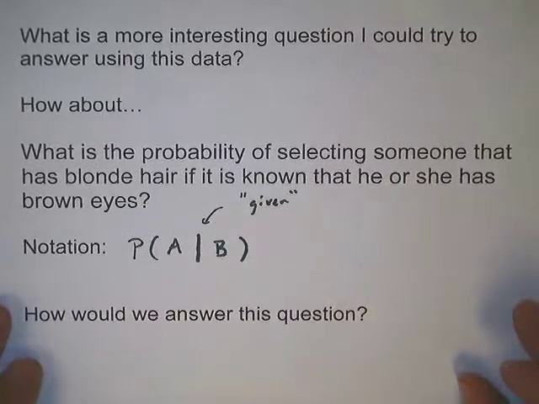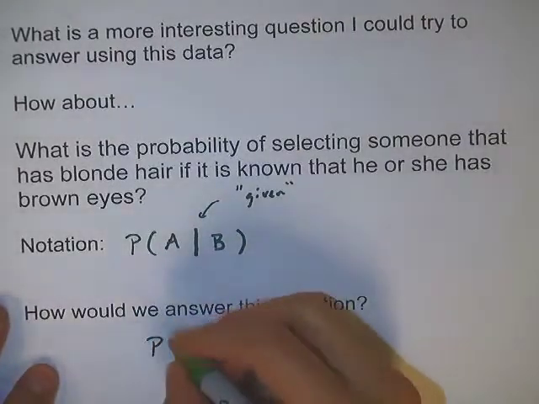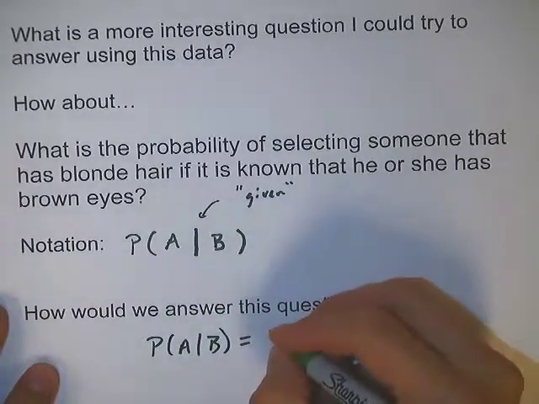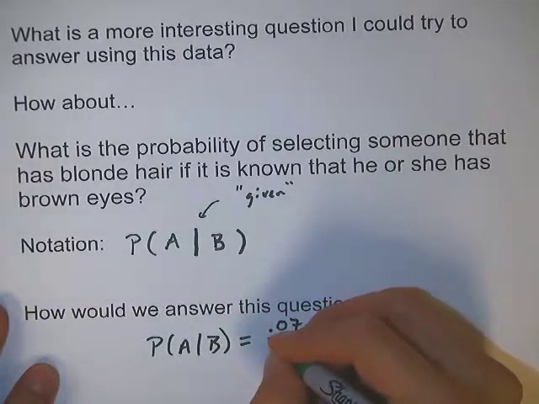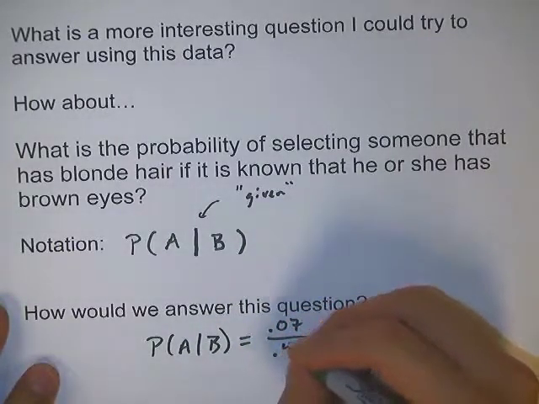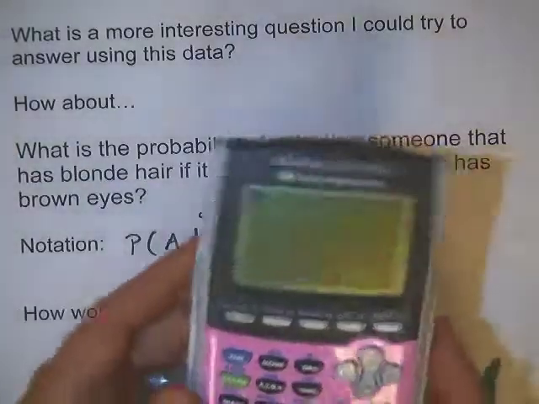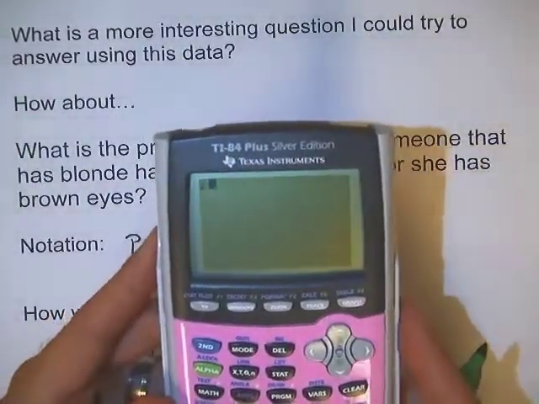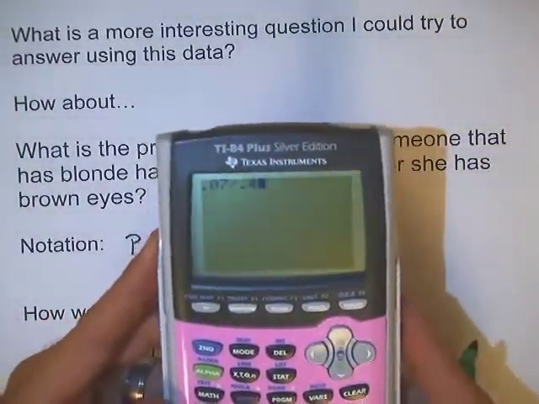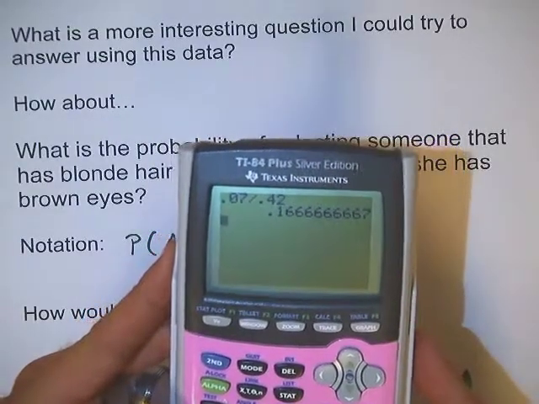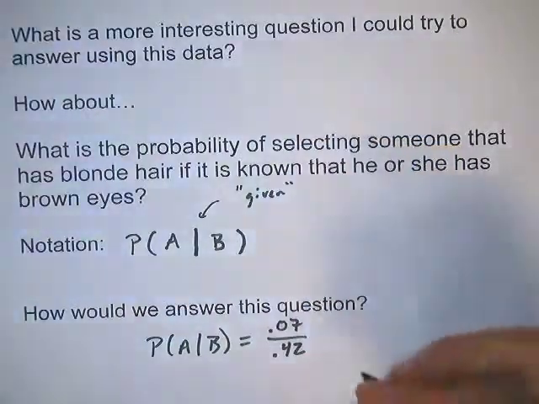So this probability, A given B, equals the 7%, 0.07, divided by the 42%. So 0.07 divided by 0.42, we end up with 0.167.